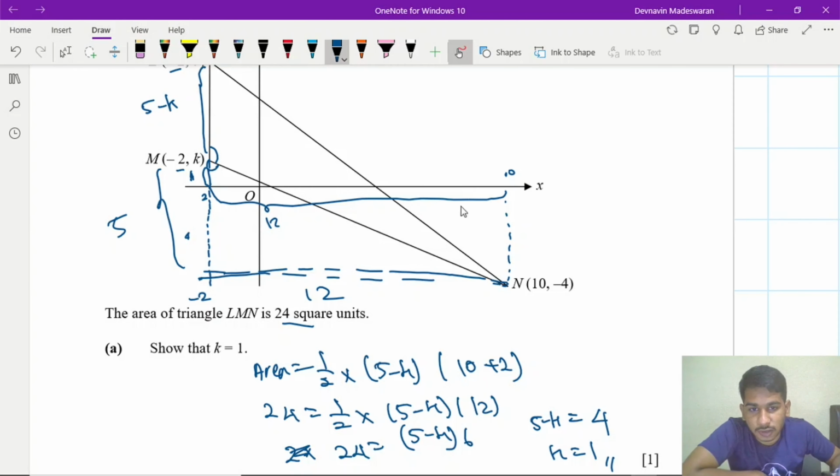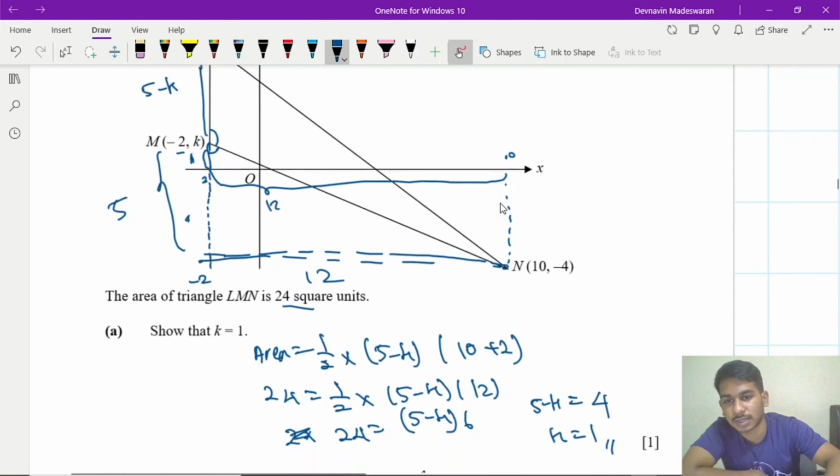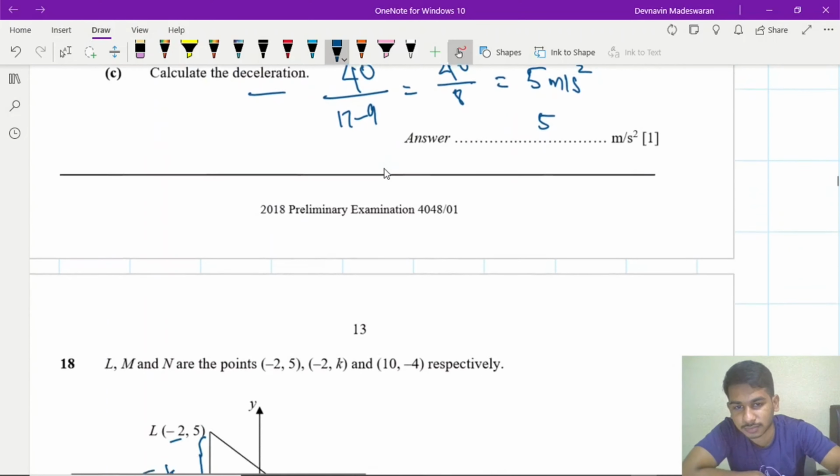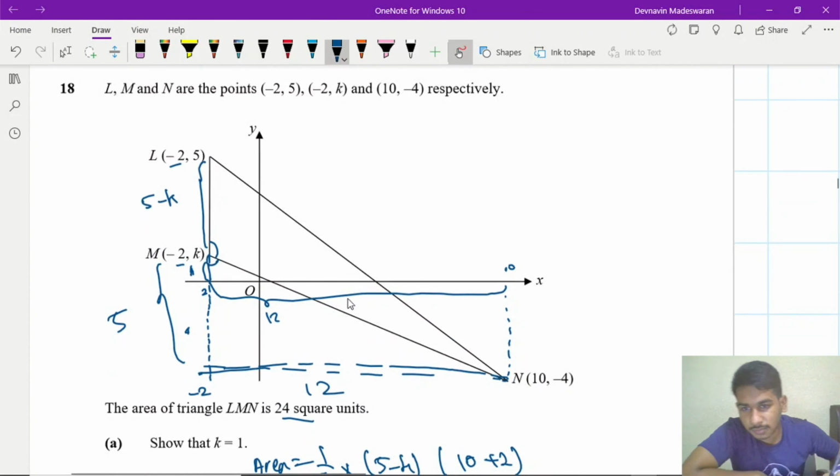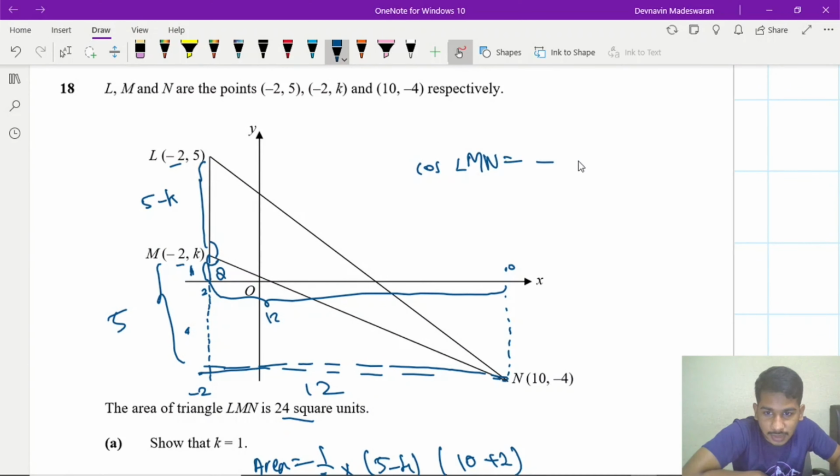So let me tell you guys. Let's call this angle theta. Cosine of LMN is equal to negative cosine of theta. Cosine is adjacent over hypotenuse. What is the hypotenuse?